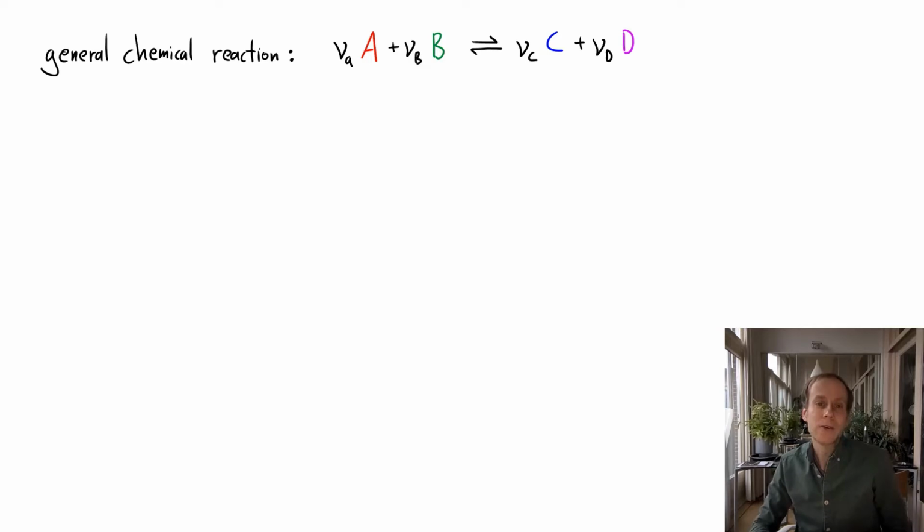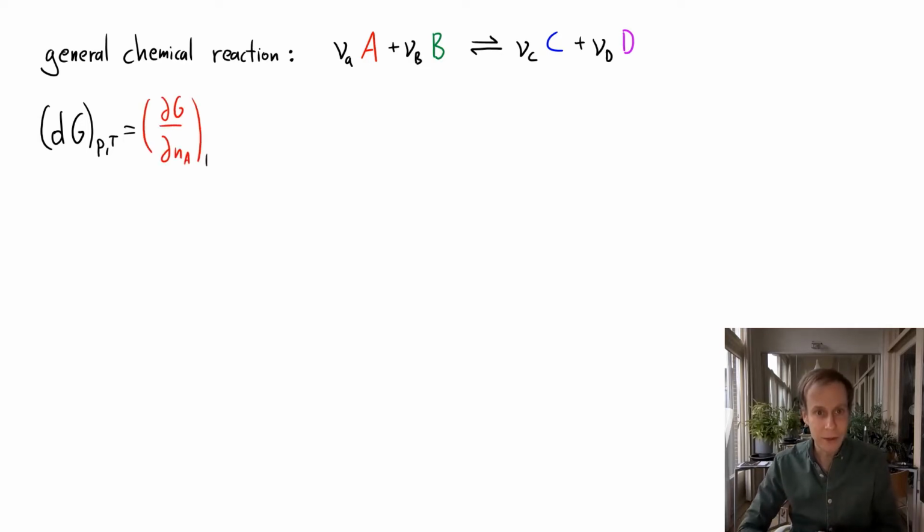So, how do we calculate the Gibbs free energy change when we go from reactants A and B to products C and D? It's given as follows. We do this for a constant pressure P and a constant temperature T, so that the dP and the dT term can be cancelled from the definition of the free energy change. So we've seen that earlier.